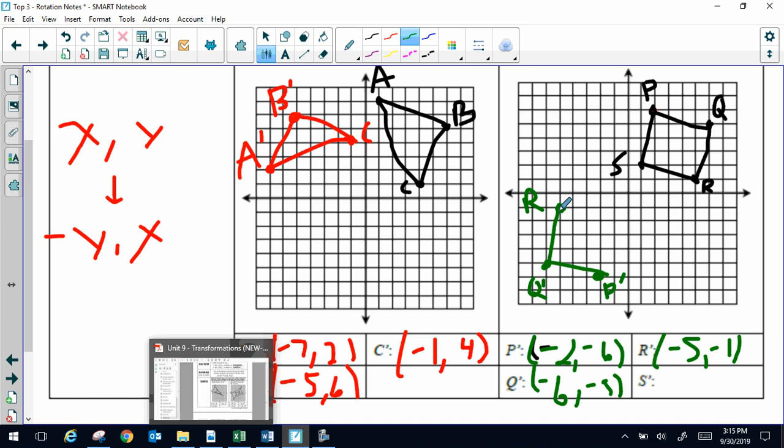And S is currently at 1, 2, so it would be at -1, -2. Now in class, I showed you how to just do it with a piece of paper, and that is perfectly fine if that's the way you want to do it. Okay, so you can see when you do this, it clearly has rotated 180 degrees.